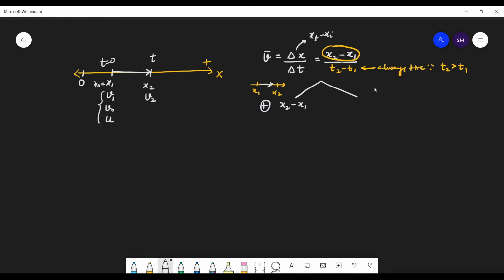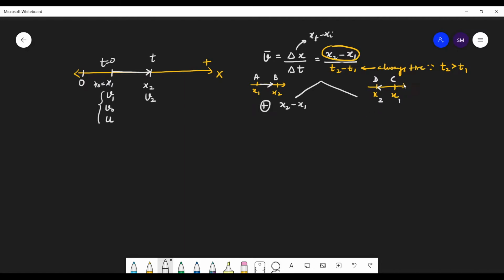But suppose now you are moving in this direction, from, so this was your point A to B, and these are some other points. So you are moving from C to D. So in this scenario, this will be your x1 and this will be your x2.